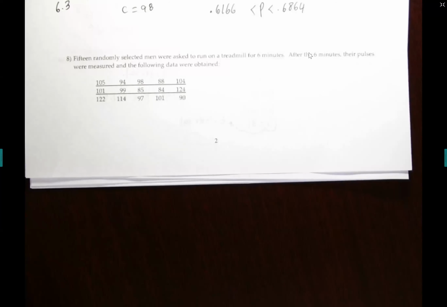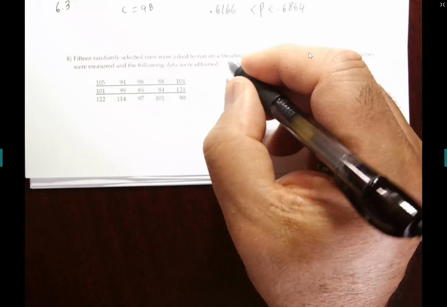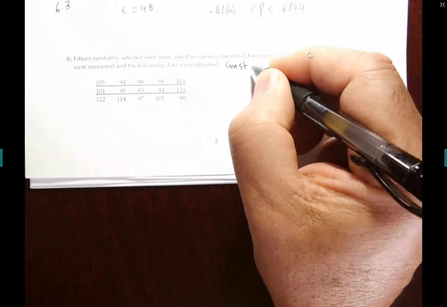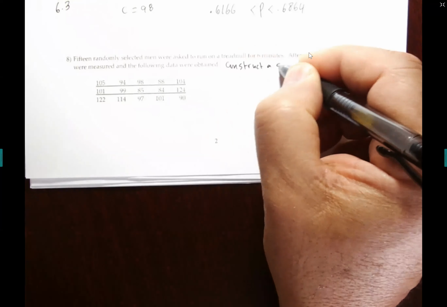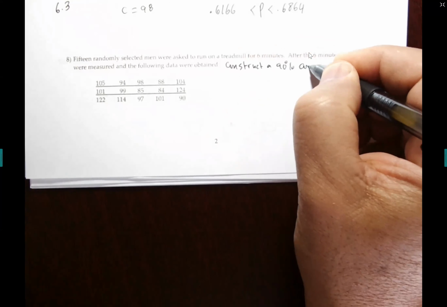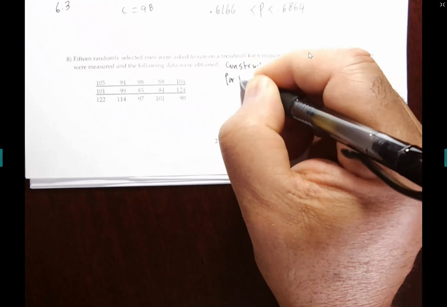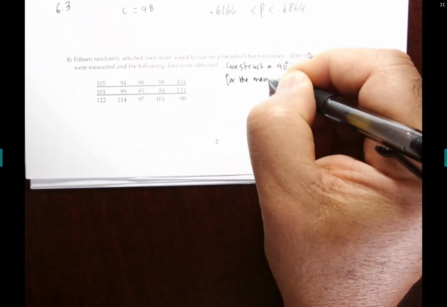Okay, here's the question, guys. Construct a 90% confidence interval for the mean. So what is it going to be, guys?